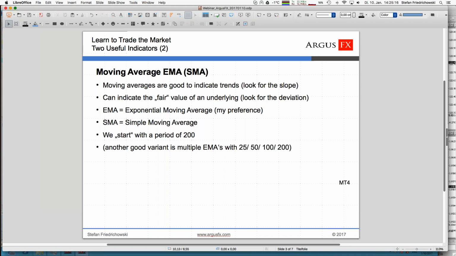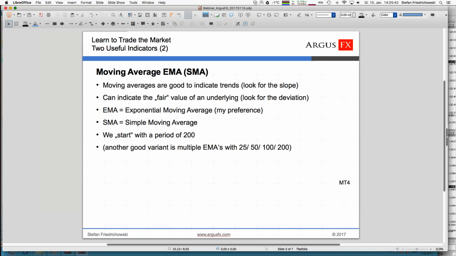So that means the exponential moving average is always a little bit closer to the actual price. That is my preference, to have the short-term history a little bit more pronounced within the calculation of the EMA value. And by the way, that's the reason why I prefer the EMA.